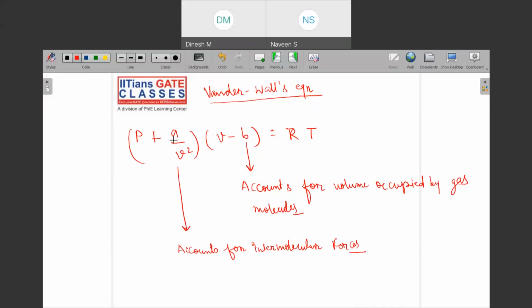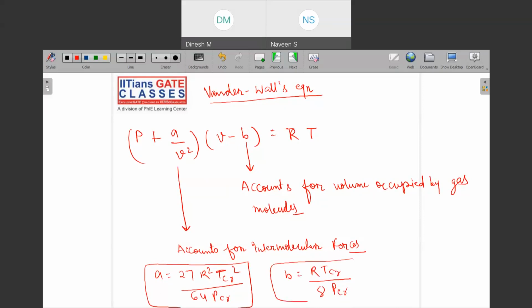These A and B are mostly constants. This is not important to remember, but you can know what variables they include. A is 27 R square T critical square divided by 64 into P critical, and your B value is R into T critical divided by 8 into P critical.